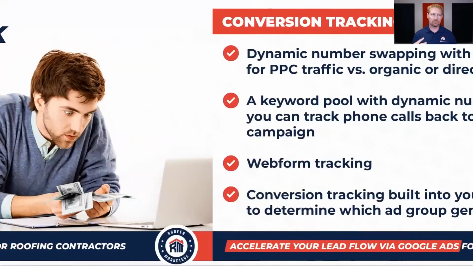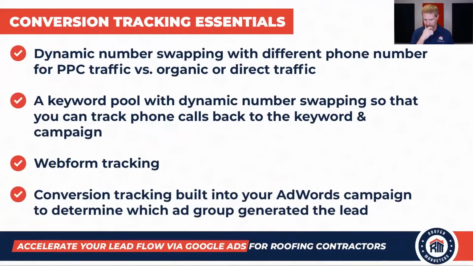The essentials of conversion tracking are having dynamic number swapping with different phone numbers for pay-per-click versus organic direct traffic. So anytime someone lands on your landing page, you're gonna have specific numbers that are in a pool for those ad campaigns.